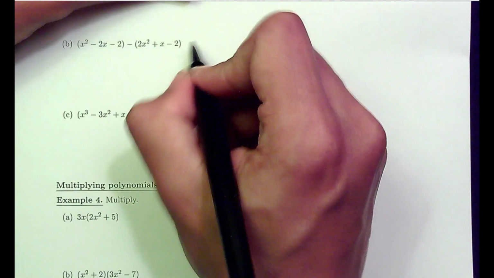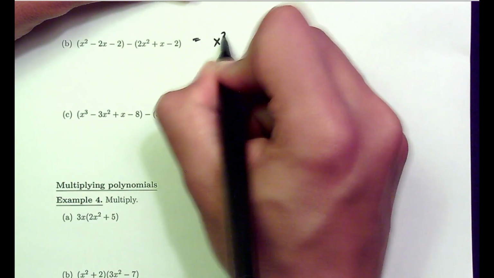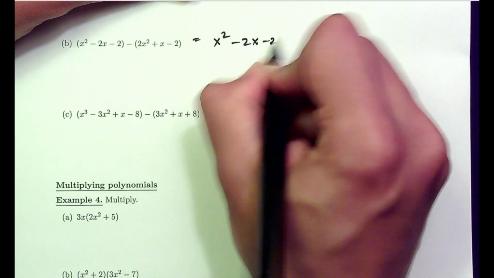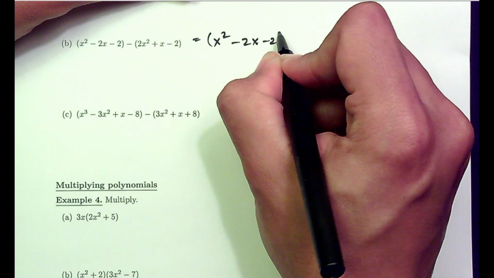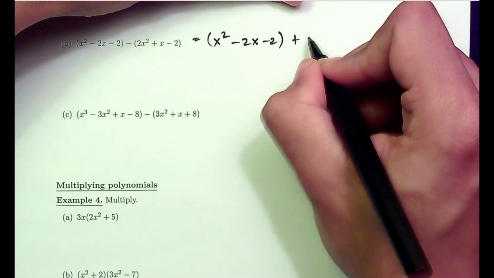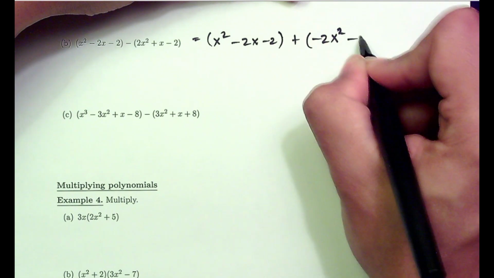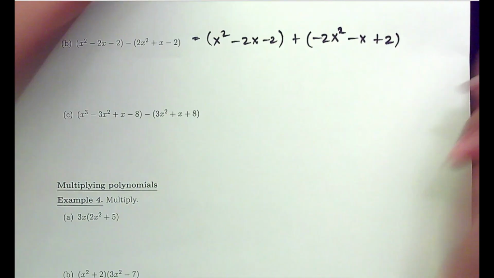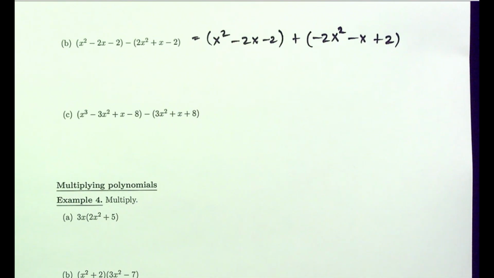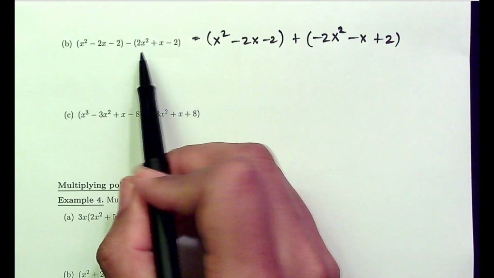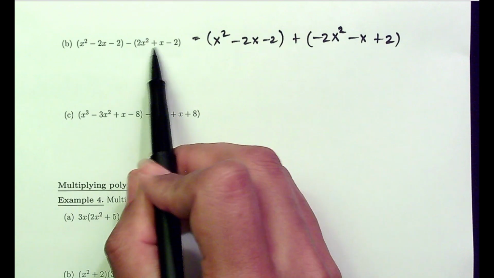So when we change the minus to a plus, everything in that parentheses changes signs. So this is going to be plus negative 2x squared, negative x, plus 2. You see everything in that parentheses switched signs.